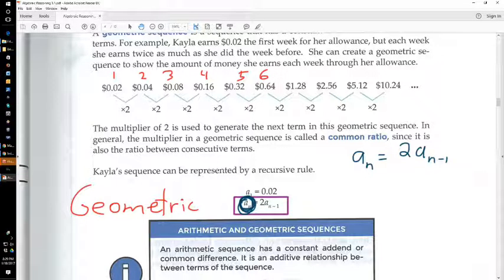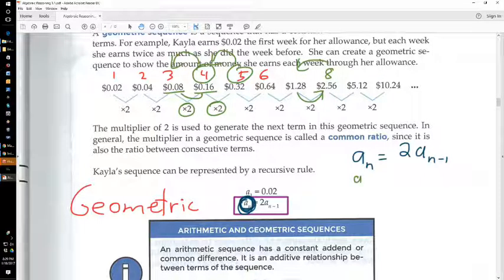If I want to know number 4, I take the one before it and multiply by 2. 0.08 times 2 is 0.16. If I want number 5, I take the one before it and multiply it by 2. If I want to know number 8, I take the one before it and multiply it by 2.